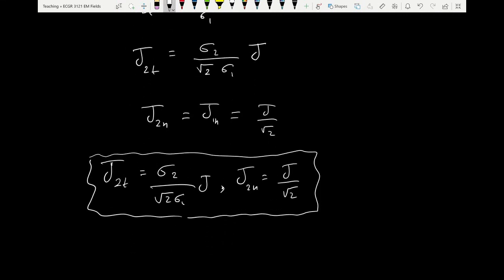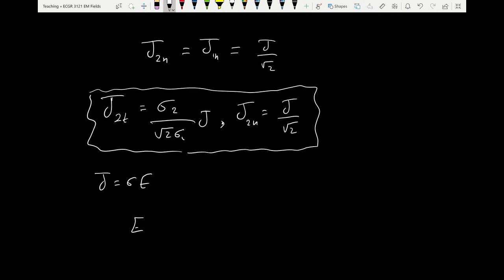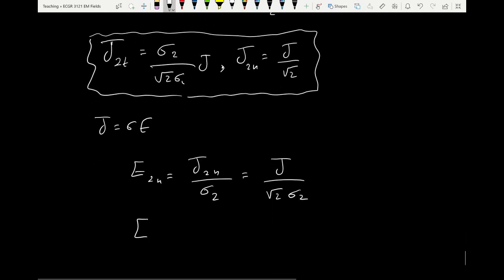How do we find the electrostatic field, which the problem statement asks for? We know that J equals sigma E, right? So we can use this to find E2n, which is J2n over sigma 2, which is J over square root of 2 sigma 2, and then E2t equals J2t over sigma 2. J2t is this term.